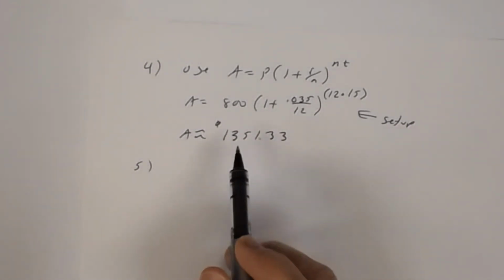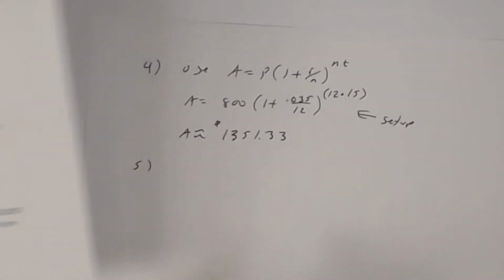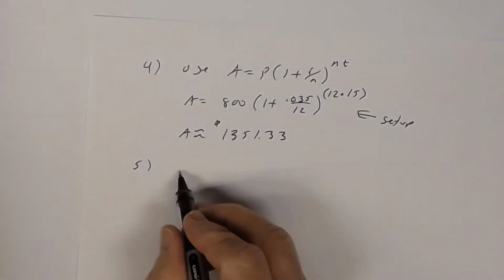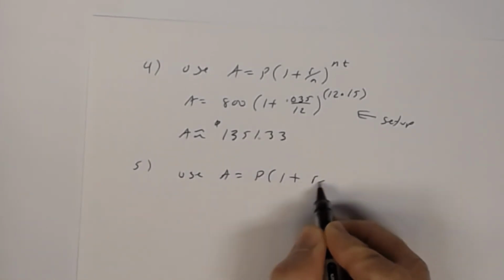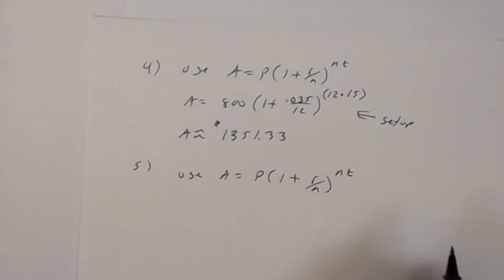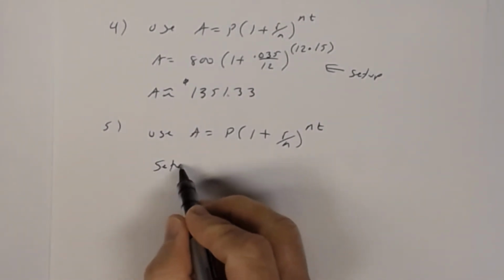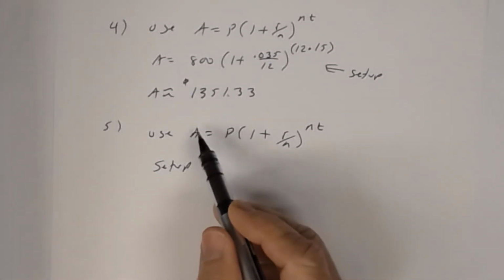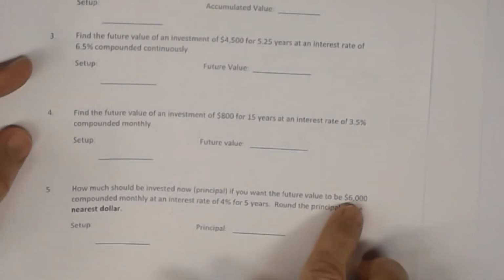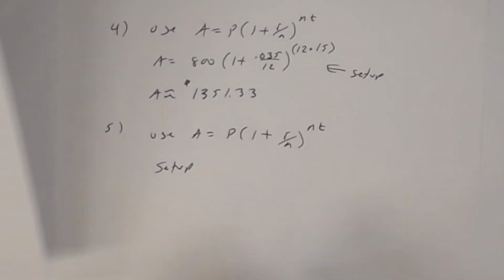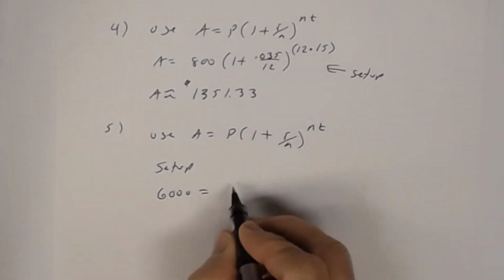So since it says compounded monthly, you're going to use this formula again. A equals P times 1 plus R divided by N raised to the NT power. And so our setup, all right, so notice I want the accumulated value to be 6,000 this time. So this is your future value. So you can say 6,000 equals the principal, which is what you're trying to find.